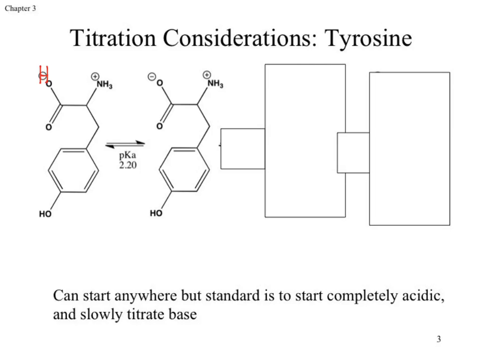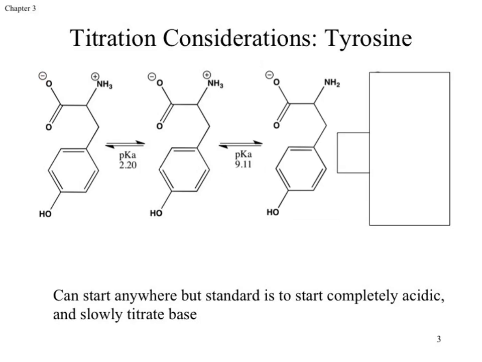So if we're going to increase our pH a little bit further, eventually we're going to end up losing the hydrogen off our amine, being our 9.11, and our structure now looks like that. Keep going back and adding that hydrogen. Okay. We still have functionality in that R group, so what can happen now?